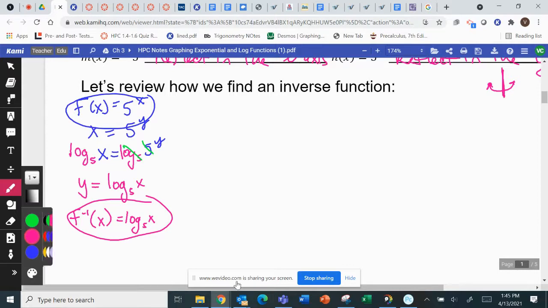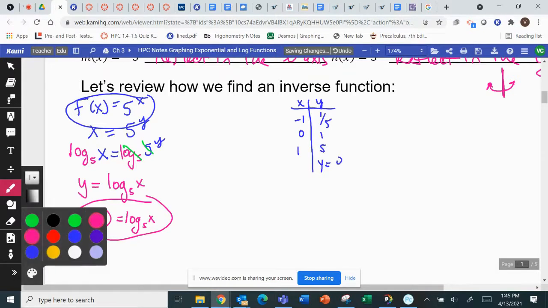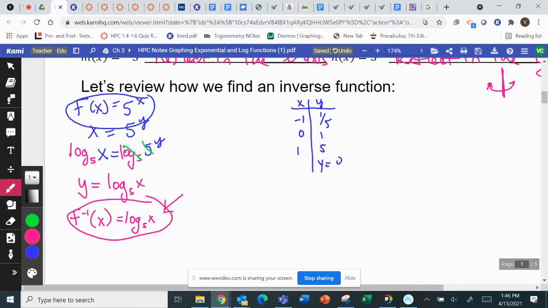Now, another thing that we did when we were graphing inverses forever ago. This is the 5 to the x. Is we graphed them, but we didn't necessarily graph them using the equation. Does anybody remember how else I graphed them, but not using the equation, Christopher?